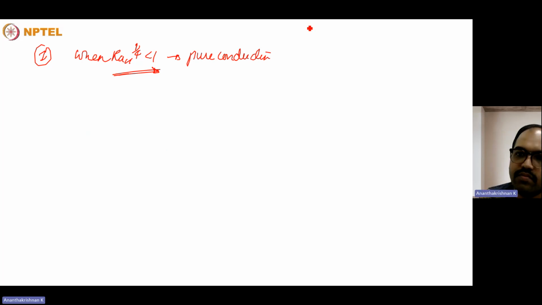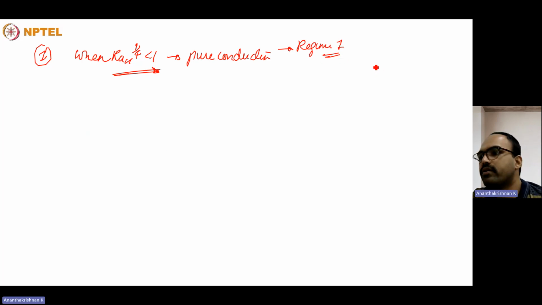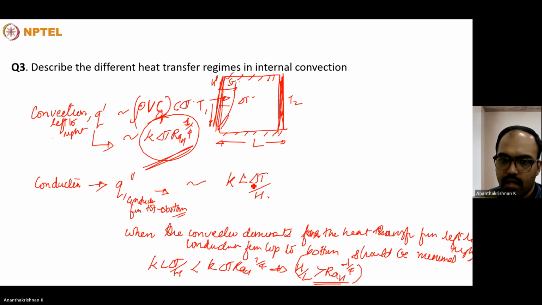So that will be regime 1. This is when the temperature varies linearly across the cavity. Hence, heat transfer between the two sidewalls is of the order of K into H into delta T divided by L. So it happens from left to right in this direction.